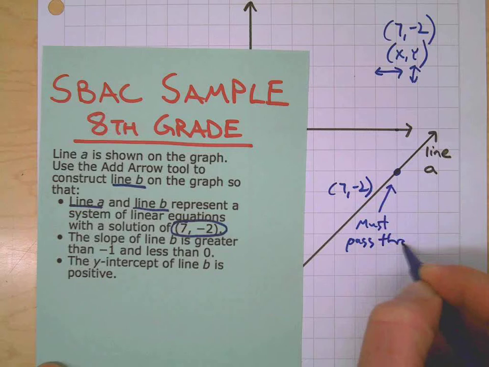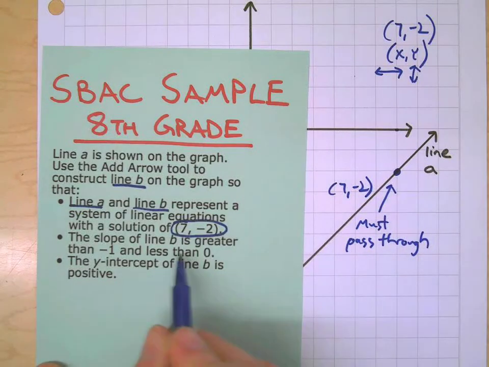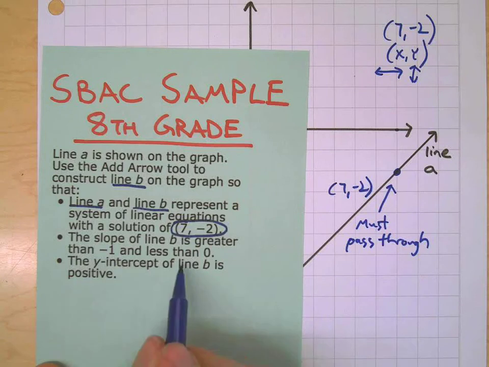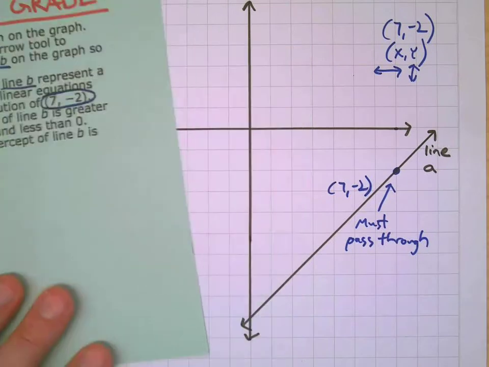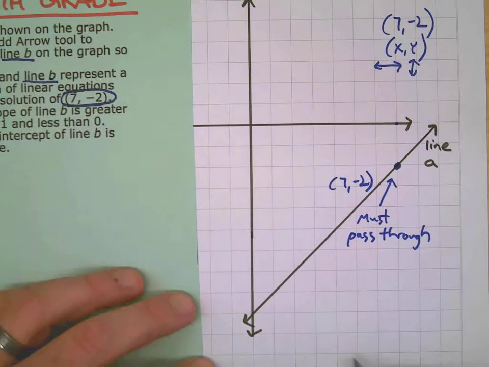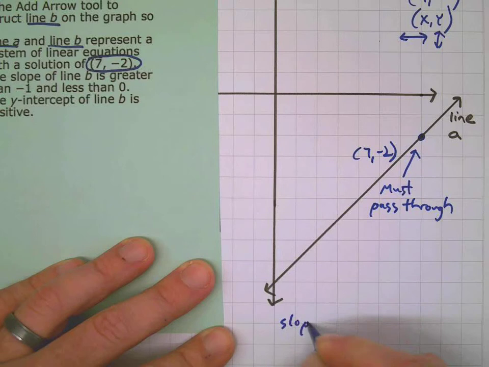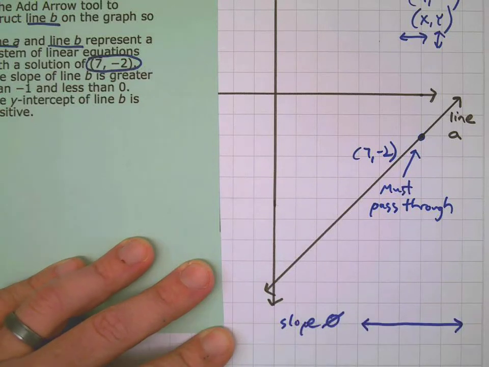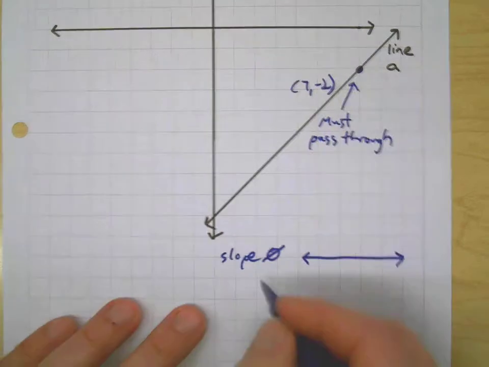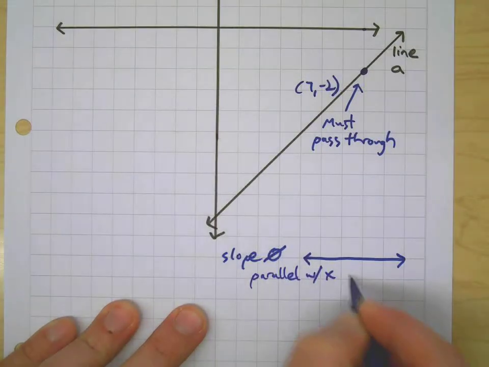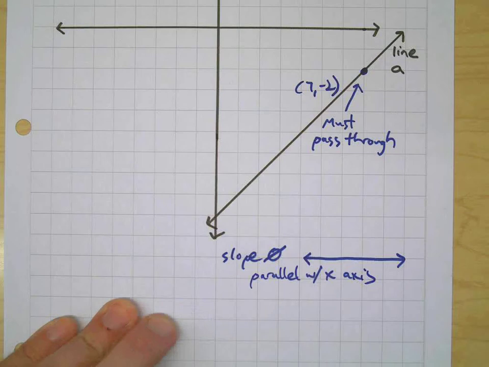The second thing we have to make sure of is that the slope has to be greater than -1 and less than 0. Well, let's see what that would look like. A slope of 0 means this. 0 is straight across, it's horizontal, parallel with the x-axis.